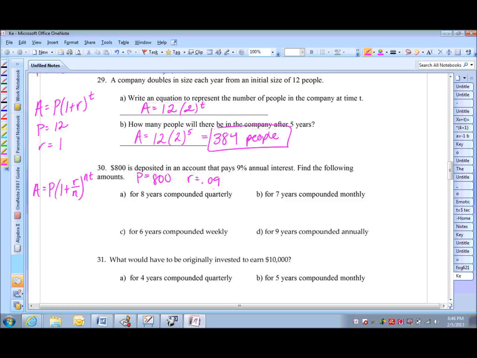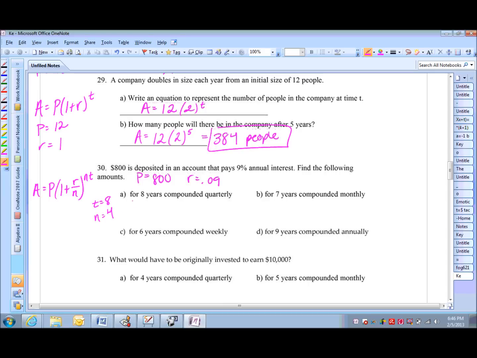And in part A, they tell us that it's for 8 years. So our T value is 8. And since it's compounded quarterly, N is equal to the number of times each year it's compounded. So quarterly means it's compounded 4 times each year.